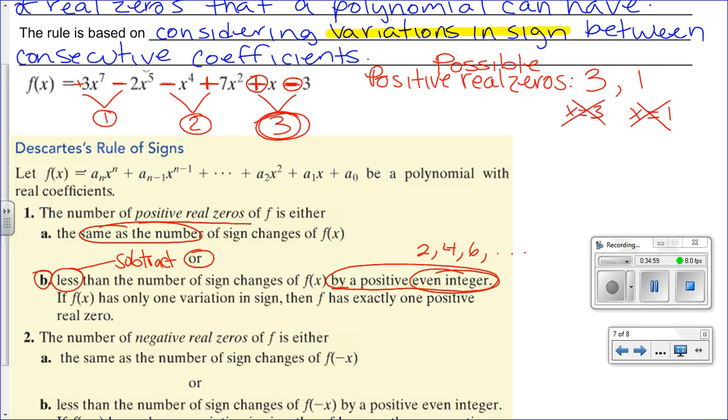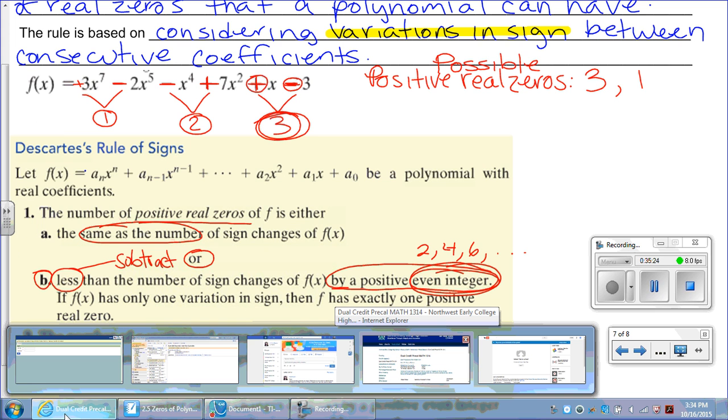So what you could do here is you count the sign changes, and then you just keep subtracting 2 or even integers until you reach a negative number, because we cannot have negative possibilities. So now let's look at negative zeros.